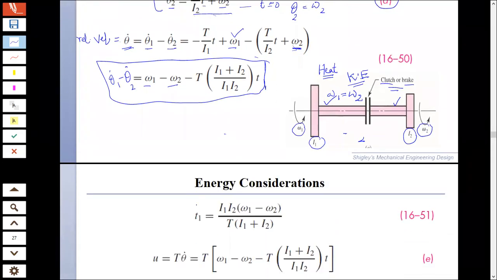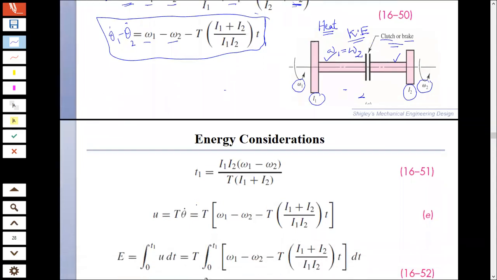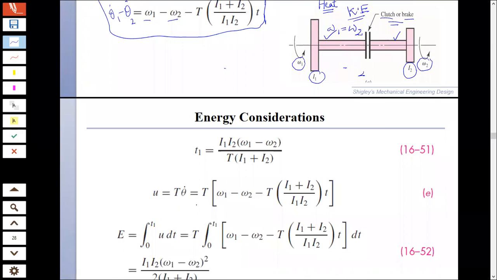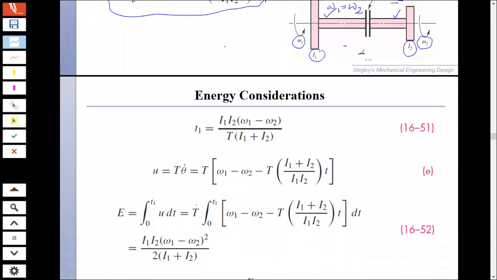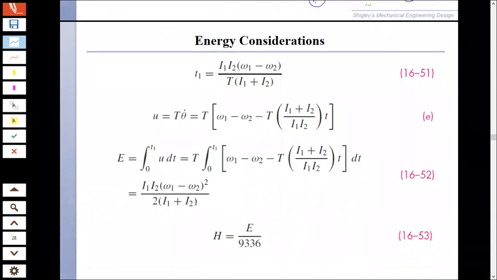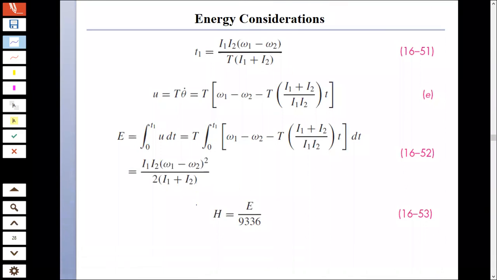Now, if we take time t to cover the velocity difference, we can actually find that out, and that time t1 will be equal to I1 I2 times (omega 1 minus omega 2) over T times (I1 plus I2), right?